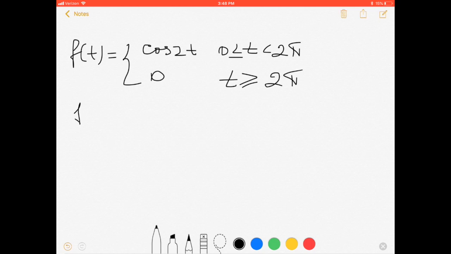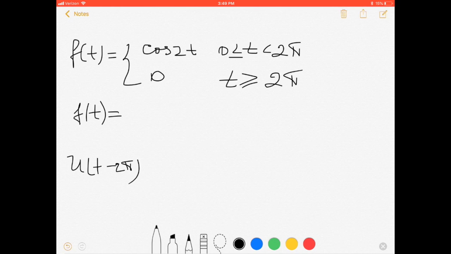This means my function f(t) is, first I need non-zero, but how can I write u(t minus 2 pi)?